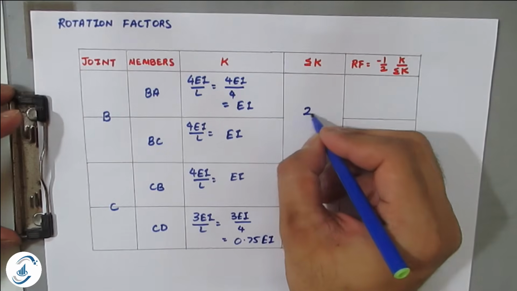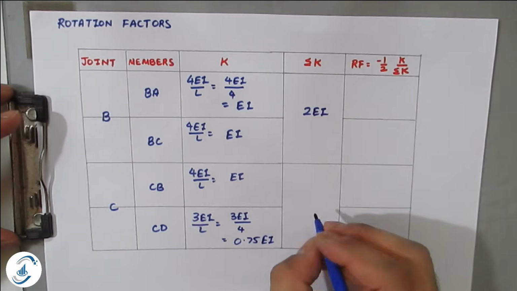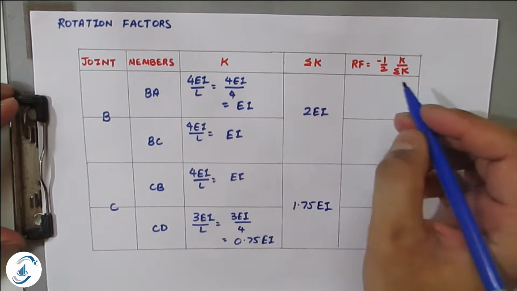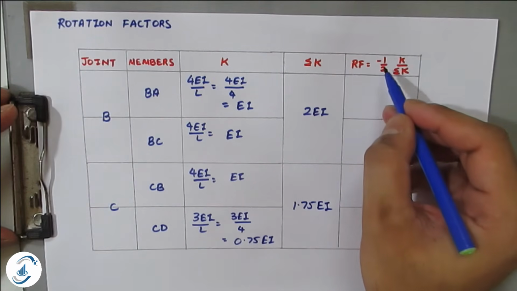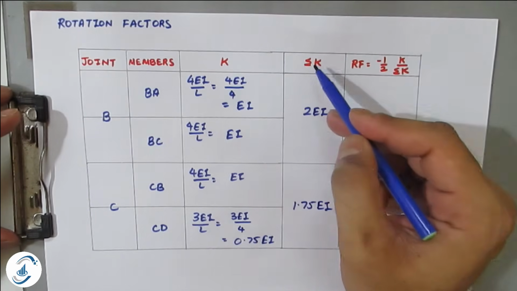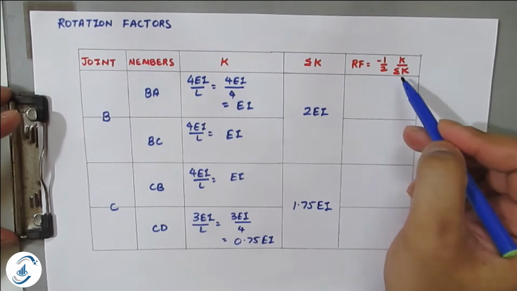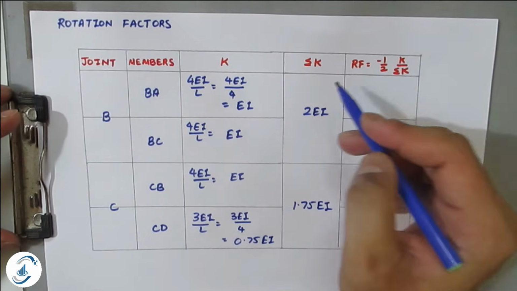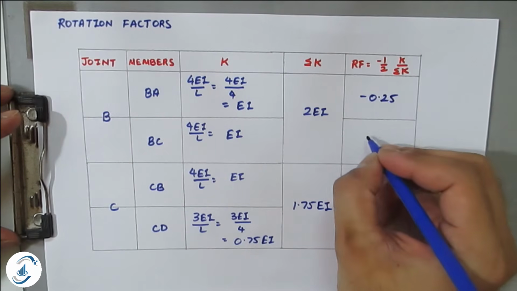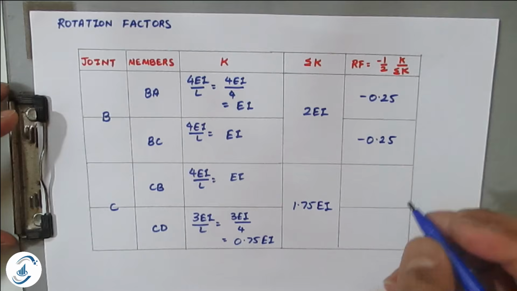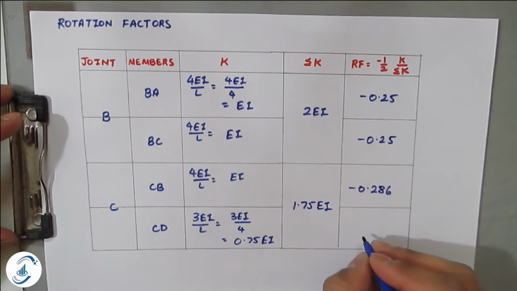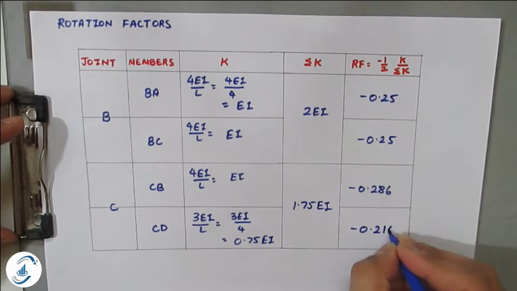Now sigma K will be 2 EI, and this will be 1.75 EI. Now, how do we calculate the rotation factor? It is minus half K by sigma K. K we already have, sigma K is also there, so multiply with minus 0.5. So the rotation factor for BA will be minus 0.25, BC will be minus 0.25, CB will be minus 0.286, and CD will be minus 0.214.